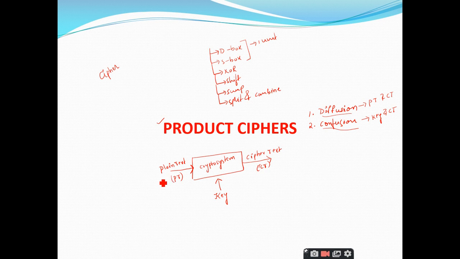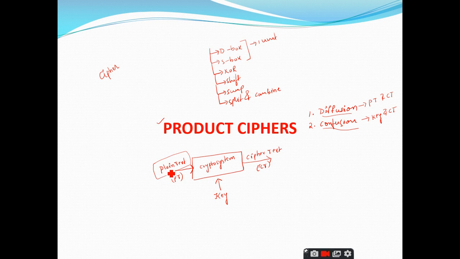So what is most important is this plain text. So I don't want this plain text to be read by the unauthorized users. I want to send this plain text to an authorized user, and he only has to get the access of this plain text. He only has to read the contents of this plain text.